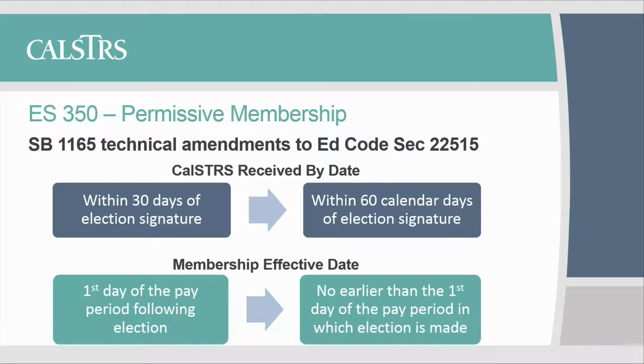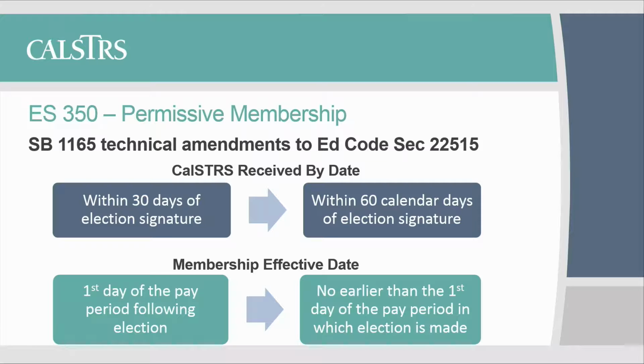Again, our technical housekeeping from last year made amendments to Education Code 22515. The first one is very similar to what we did with the ES372, where the required days for CalSTRS to receive the form has moved from 30 to 60. So hopefully that gives you a little more breathing room. But the bigger piece of that amendment was changing the effective date of the membership date.